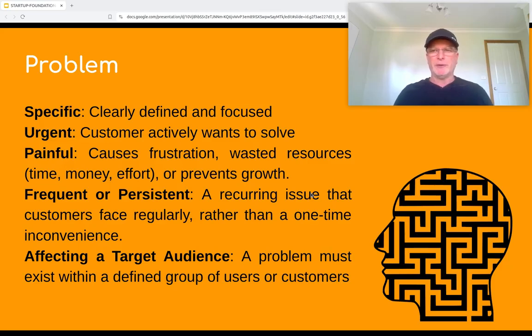You want to solve something which is recurring every day, every hour, which is painful for people. And you want to make sure that the problem is affecting your target audience. You remember that we defined the market, we defined the personas. So the problem that you're defining needs to target those people and not someone else.